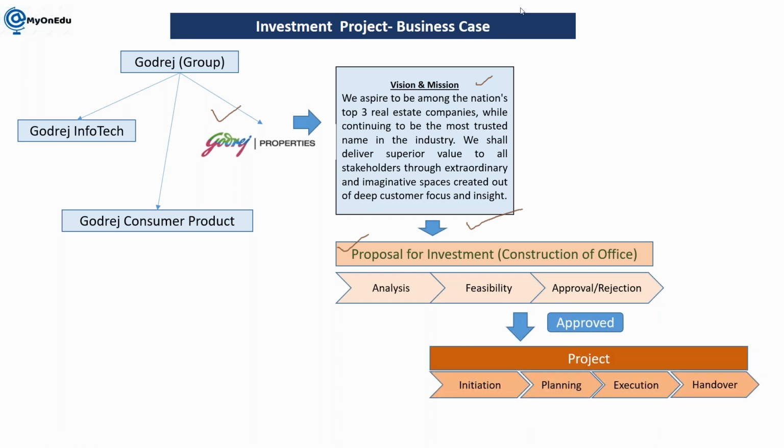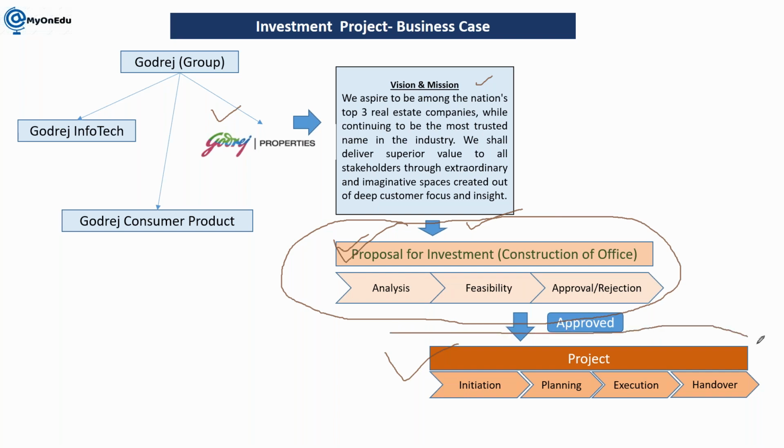Here you need to see this in two parts: one is the proposal, another is your project. The proposal is before starting the project, and the project is when you have already approved it and are going to start. This part we can cover in investment management, IM, or in PPM, portfolio project management.